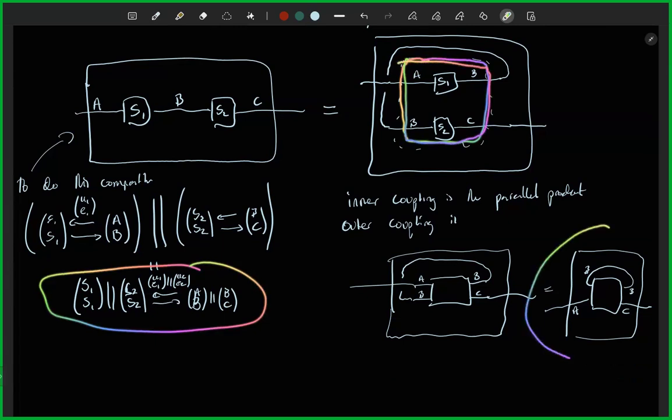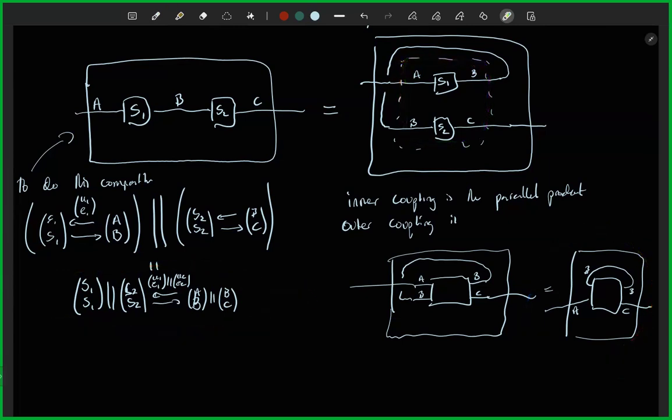Then we're going to take this wiring diagram and we're going to post-compose it like this. We're going to put it here. So let's do that. This I will call W sharp for that wiring diagram. And what is its signature?